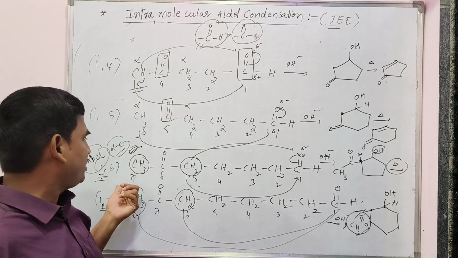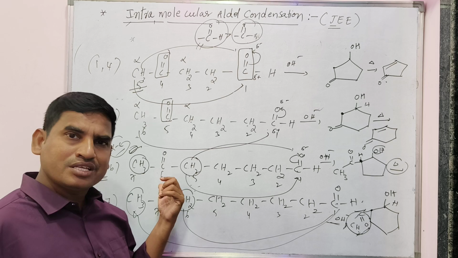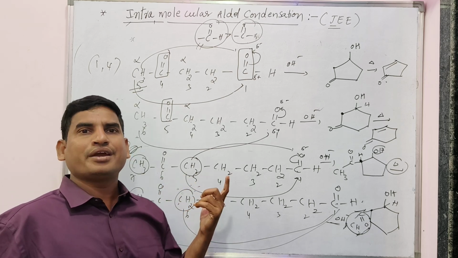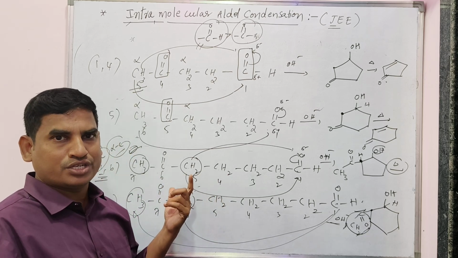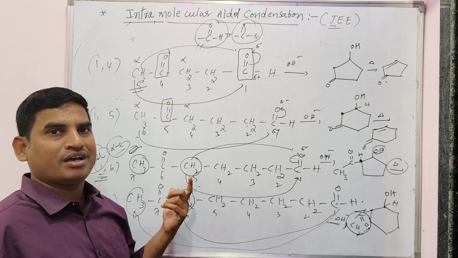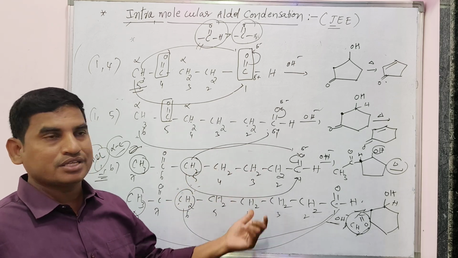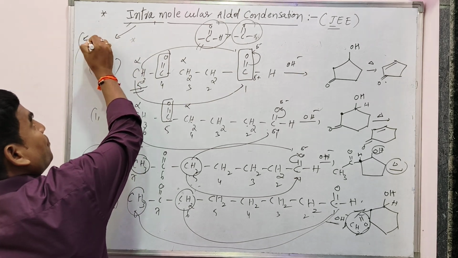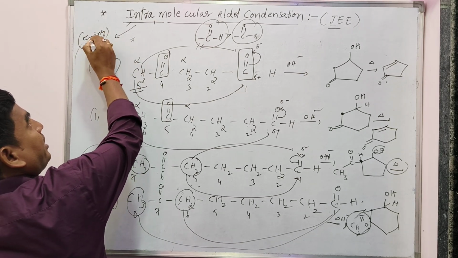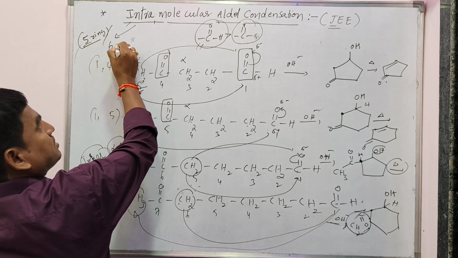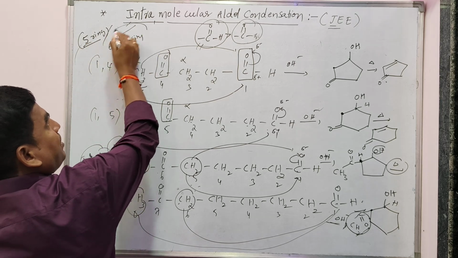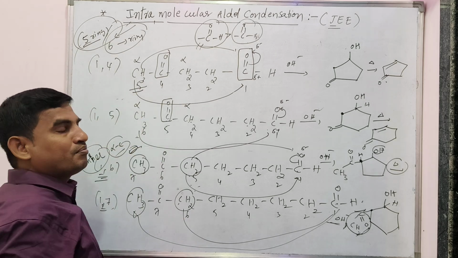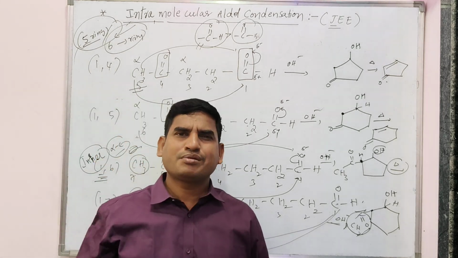Not only like here, where I took one aldehyde and one ketone. If both are aldehyde functional groups present at different positions, check for the alpha carbons or carbanions. Generally in these reactions, the ring size is very important: 5-membered rings or 6-membered rings. Only 5-membered and 6-membered rings are possible, but a few exceptions are there.